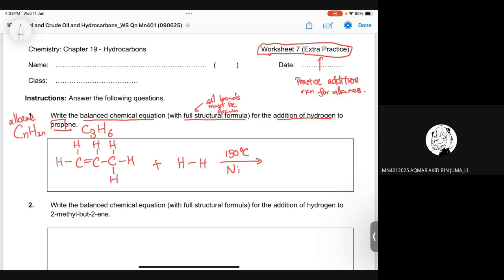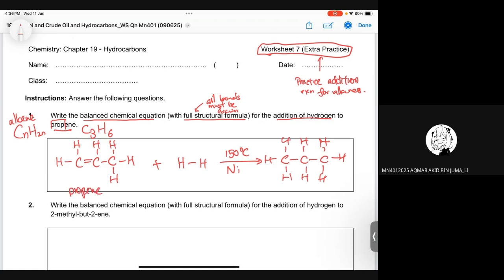So what I'm going to do is break the double bond. Let's draw the whole thing. Okay, double bond broken already. Then where will my 2 H go? The empty spots under the first 2 C's. Okay, good. So this is your propene.